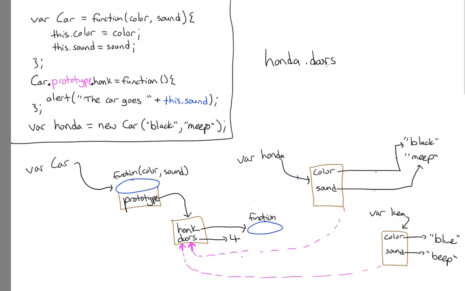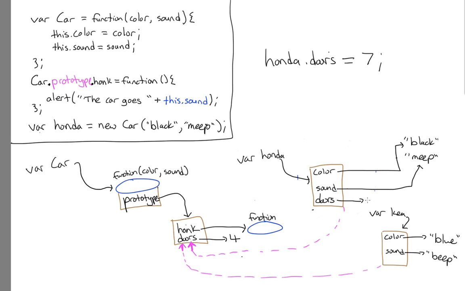But what if you want to change that? What if you did Honda.doors equals 7? Well, if we go through our normal process, for our Honda, we'll point to this object, and then we have .doors equals 7. Whenever you have equals, JavaScript does not look for a property called doors, but it assigns it.